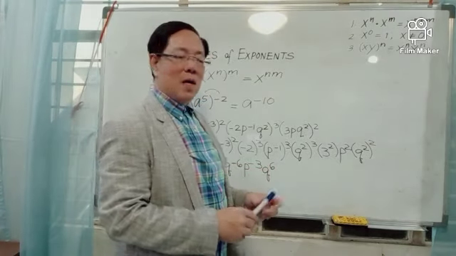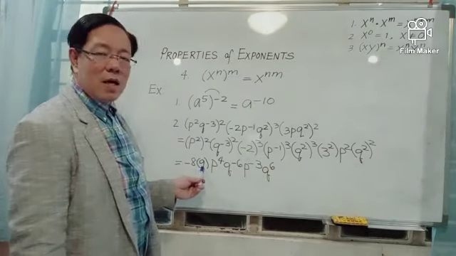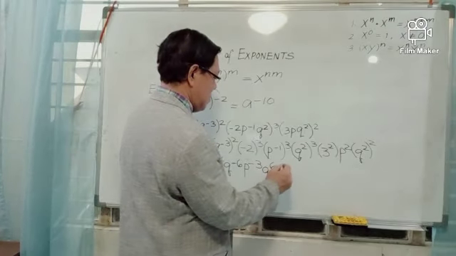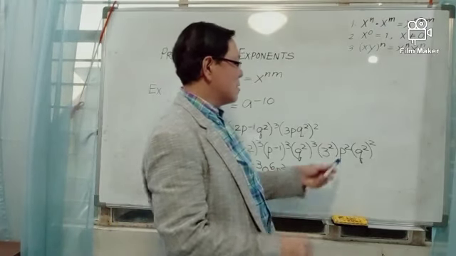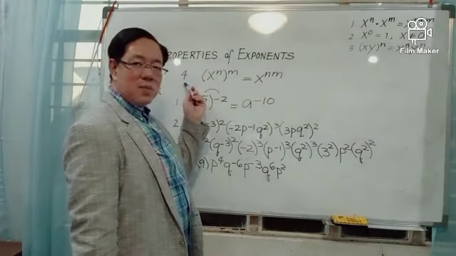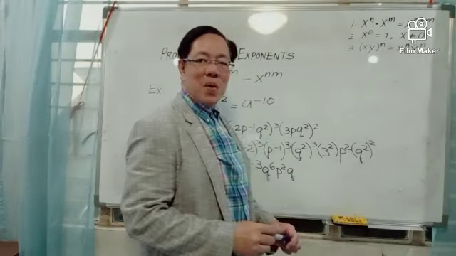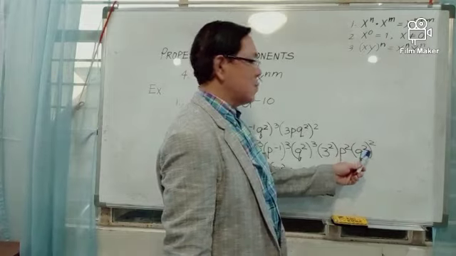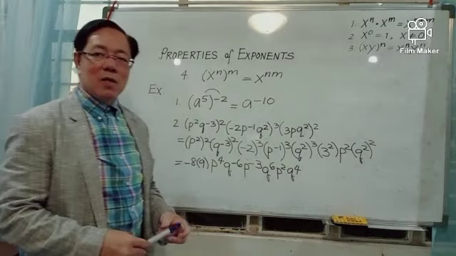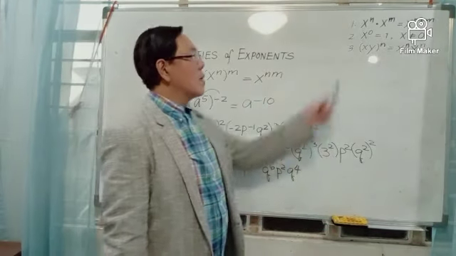We have simplified 3 squared and we get 9. Multiply by p squared. And the square of q squared by this property is equal to q, and the exponent of q is 2 by 2, 4.